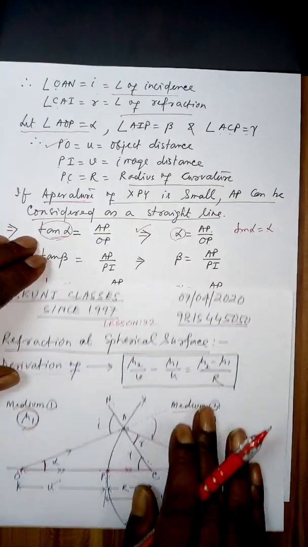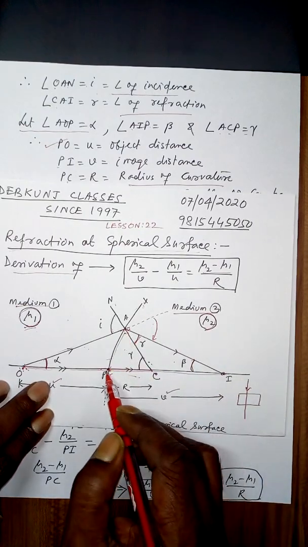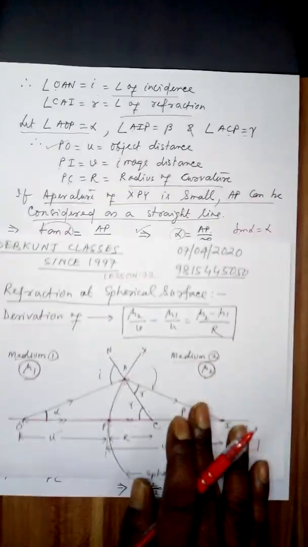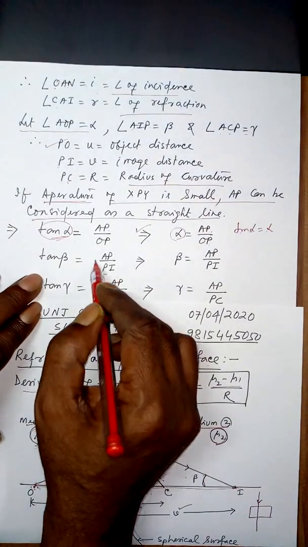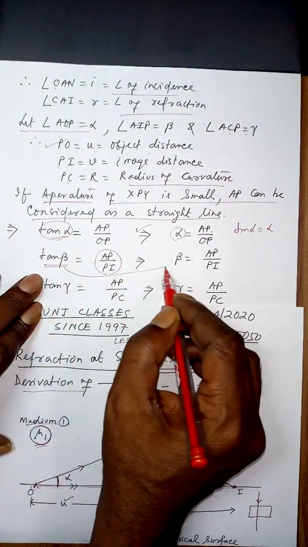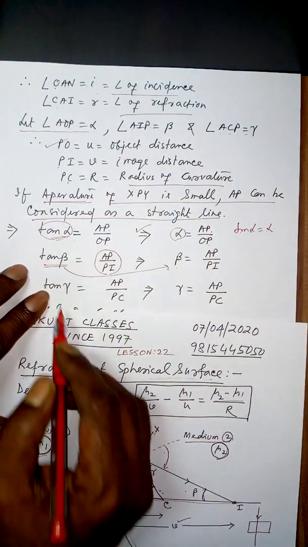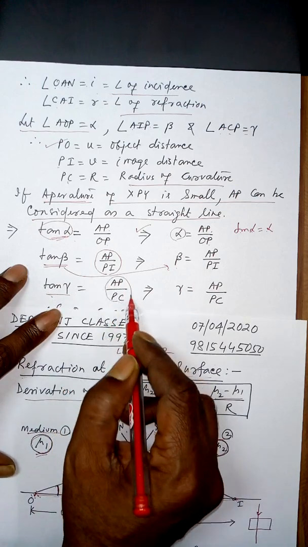Similarly, tan beta will be equal to AP over PI. Since beta is also small, tan beta can be written as beta is AP by PI. Similarly, tan gamma is equal to AP by PC.